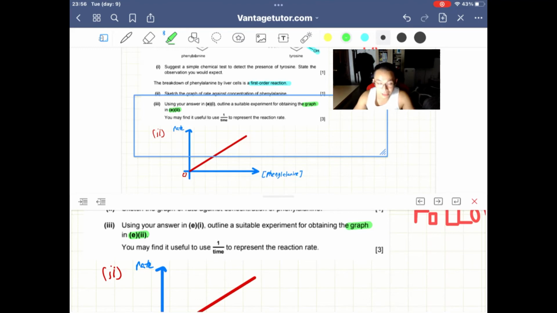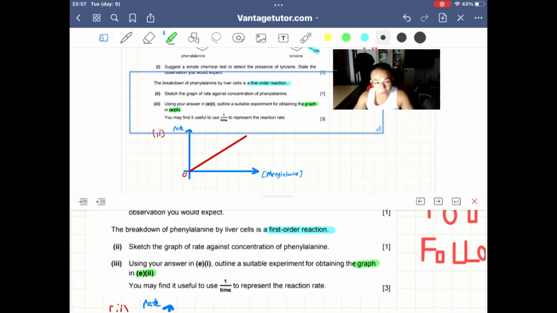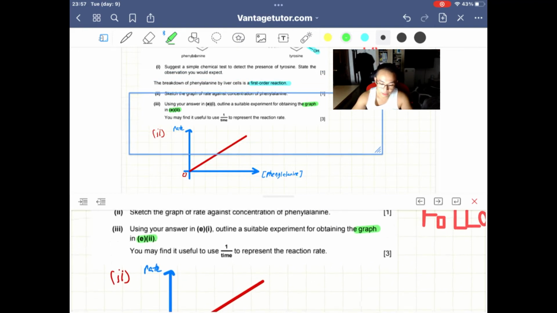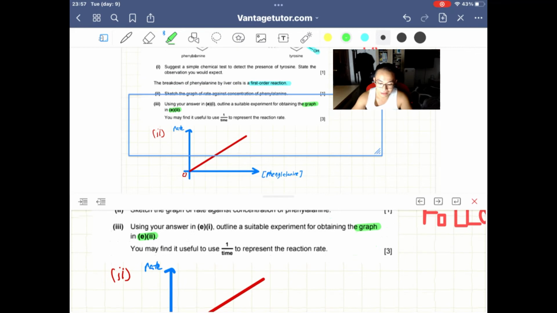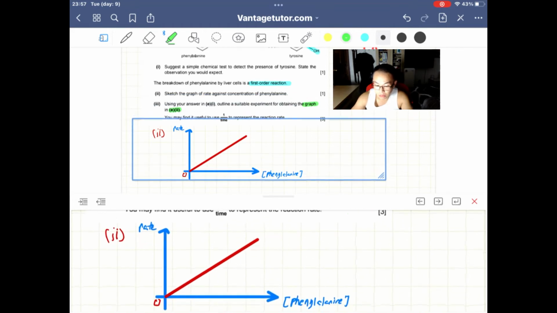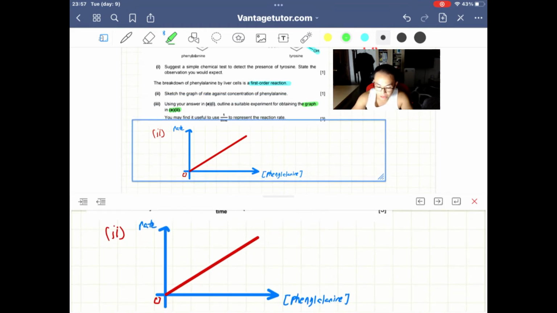Now the main concern with this question is, a lot of students realize that this is a first order reaction, and we just think of the first thing, right? You and I both know, the first thing I think about, oh, constant half-life. But if you look carefully at part 3, they say using your answer in E part 1, outline a suitable experiment for obtaining the graph in E part 2. Now your graph in E part 2 is rate against concentration.